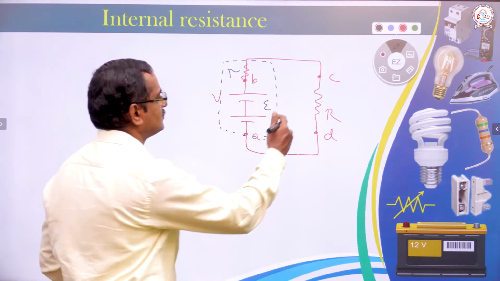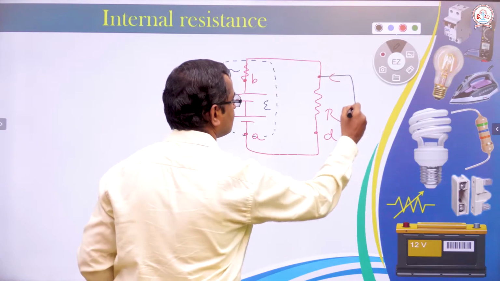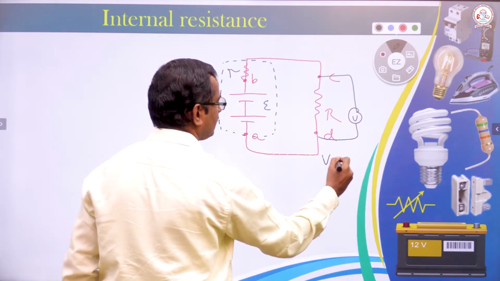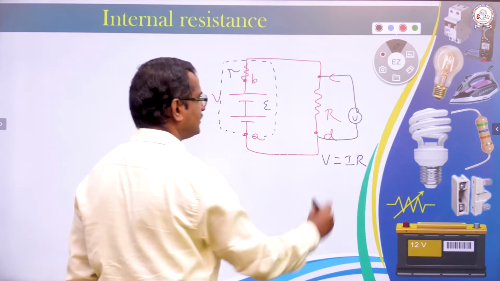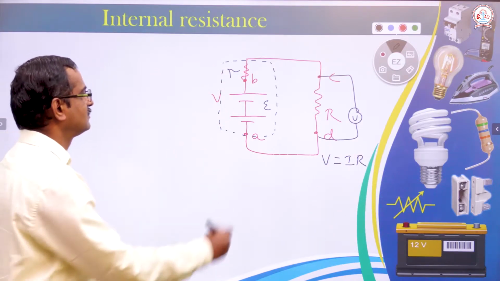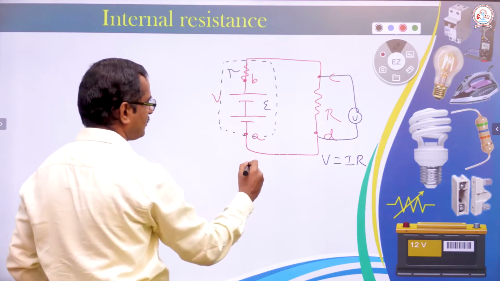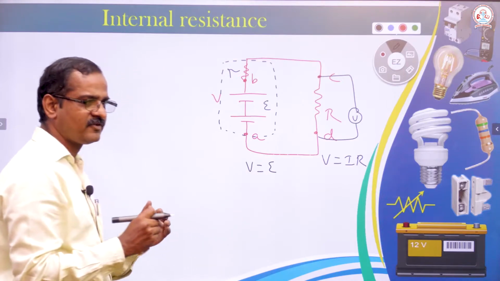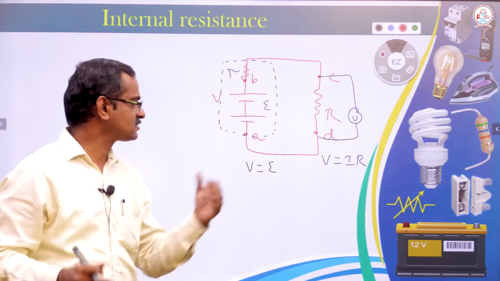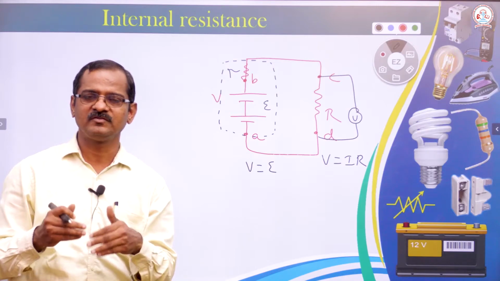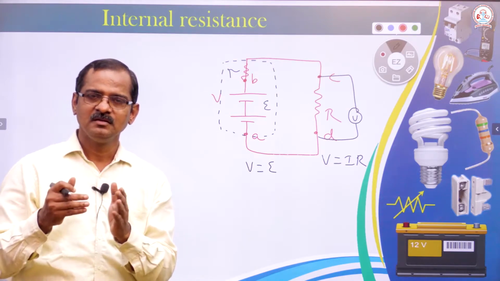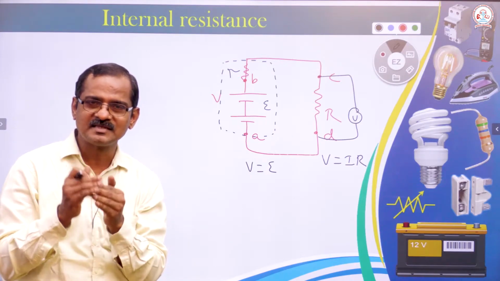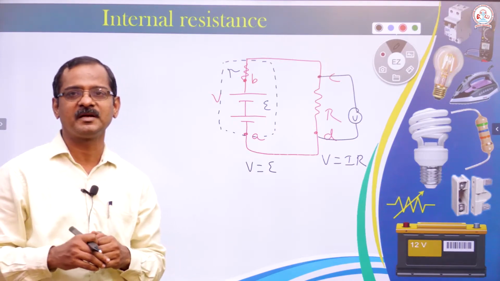If we connect a voltmeter here, the reading V will be equal to I into R. Whereas here, as there is some voltage drop, for example, if a battery has to give us 3 volts, a voltmeter will show less than that because of the internal resistance of the battery.